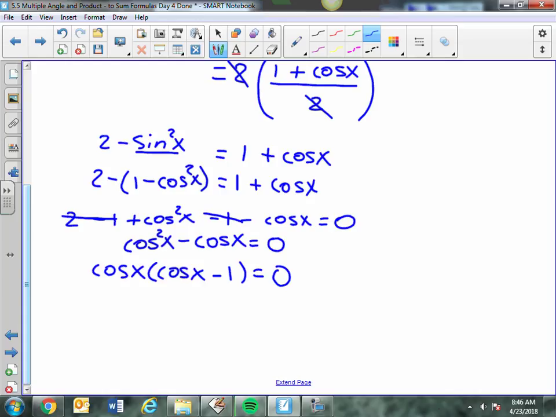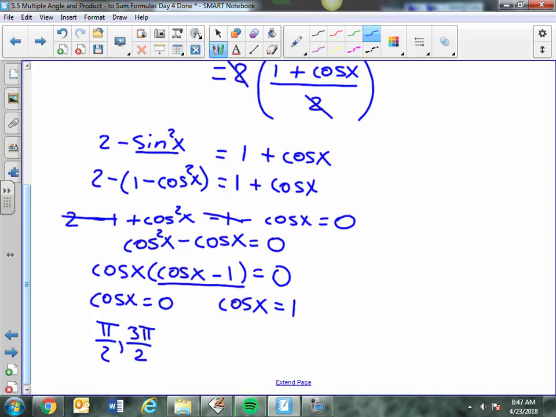Next, I can set cosine x equal to 0, and solve the other factor to get cosine x equal to 1. Remember the interval is between 0 and 2 pi, so all I have to do is check where cosine equals 0, which is at pi over 2 and also at 3 pi over 2.